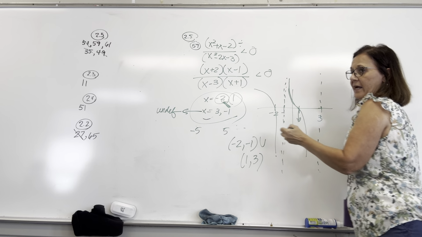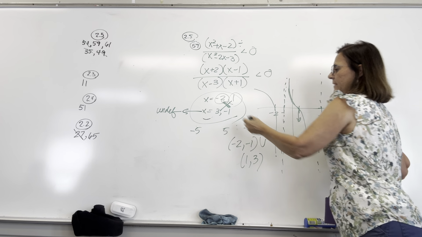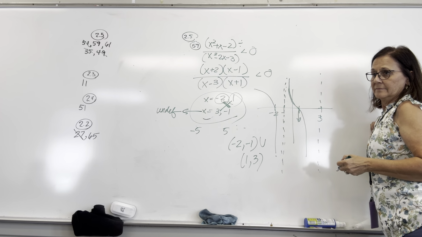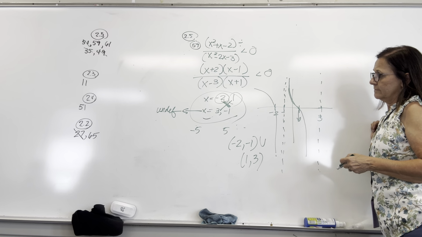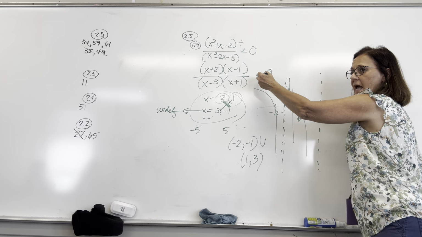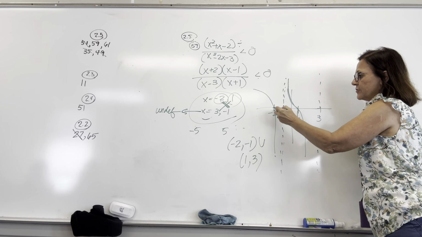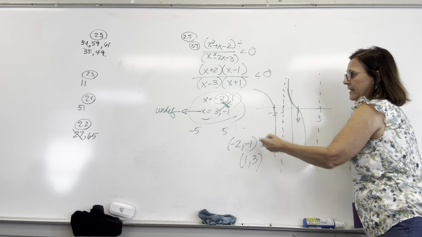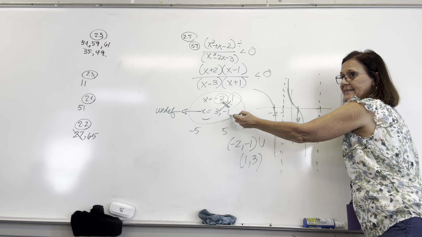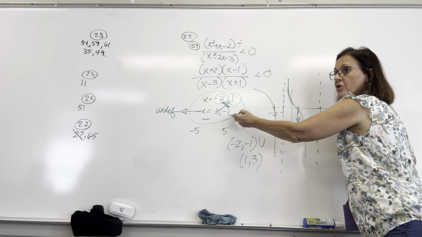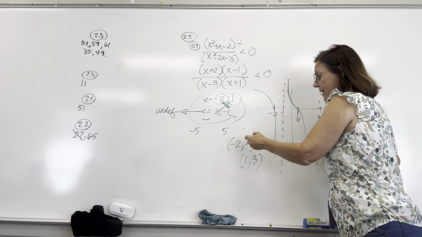So what happens there? And then what happens between 1 to 3? It cannot equal 3. And I'm looking below the x-axis. So at -2, this is such a rough graph. At -2 is where it's below the x-axis. It has to do something different at -1 because that's undefined. It has to stop. There's no graph at -1.